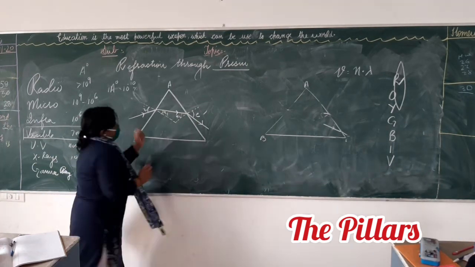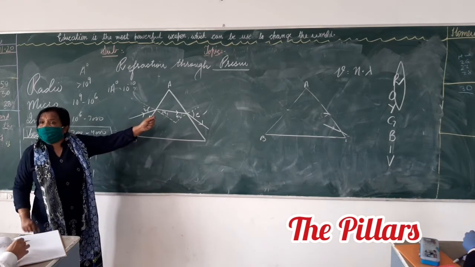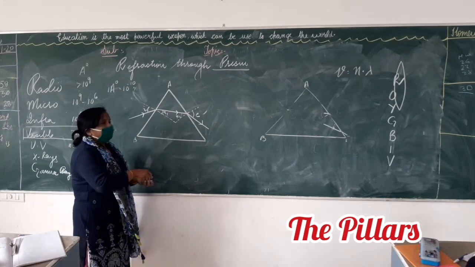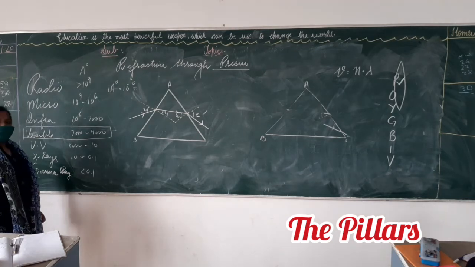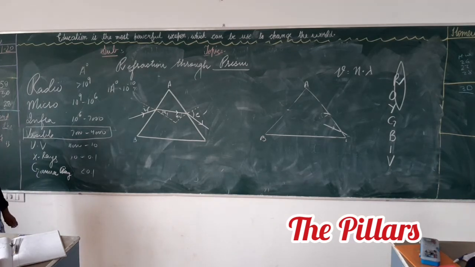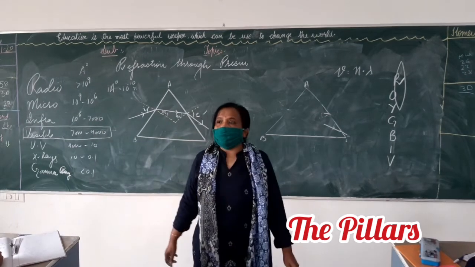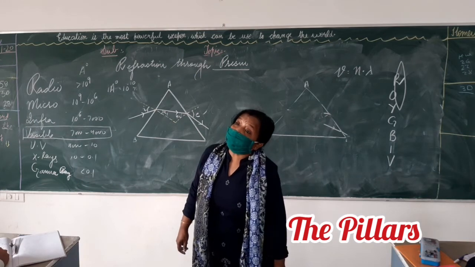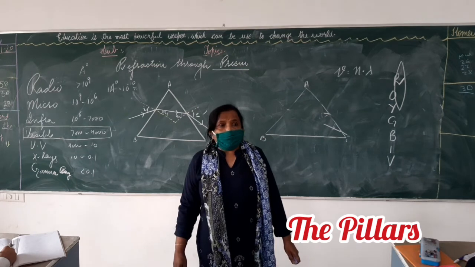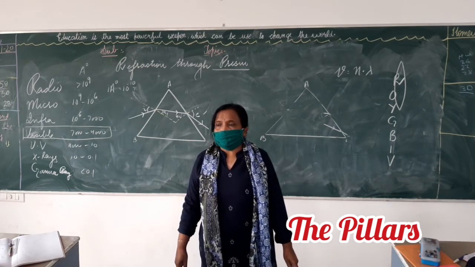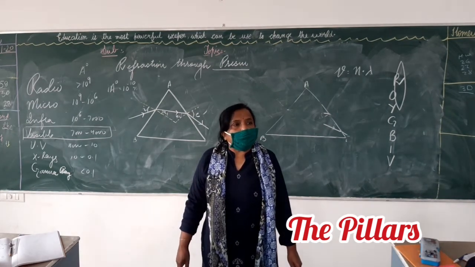Now, I think you all have drawn this figure. You are writing angle of deviation. The angle between the incident ray and the emergent ray is called angle of deviation.